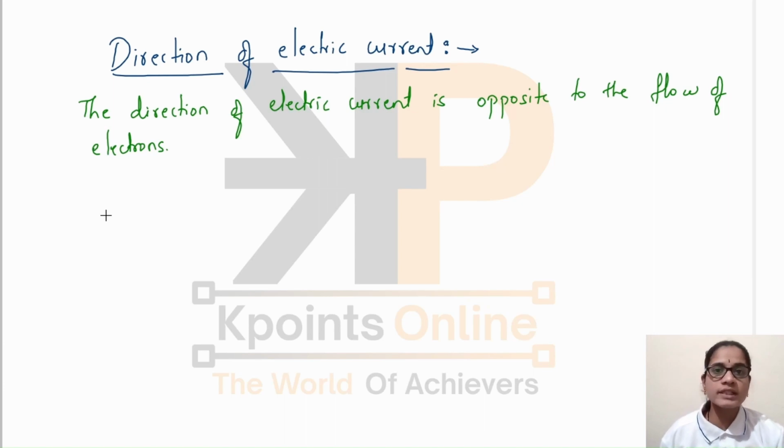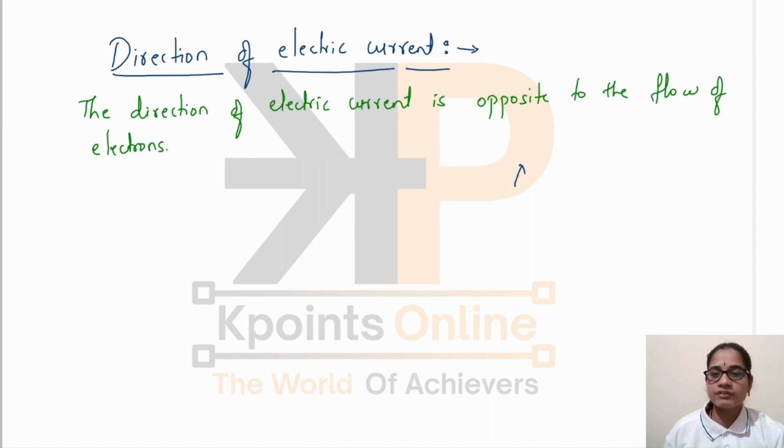Initially, even before the discovery of electrons, the electric current was known. At that time, it was assumed that the electric current is due to the flow of positive charges. So they took the direction of electric current as along the direction of flow of positive charges. But today we know that the flow of electrons constitutes the electric current. Conventionally, this direction of electric current is taken as opposite to the flow of electrons.